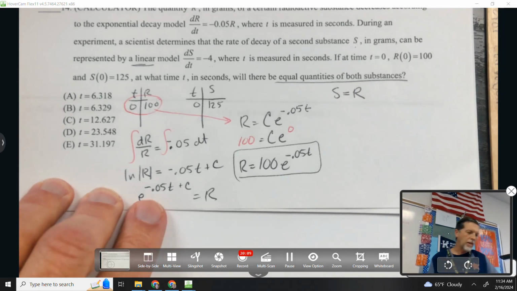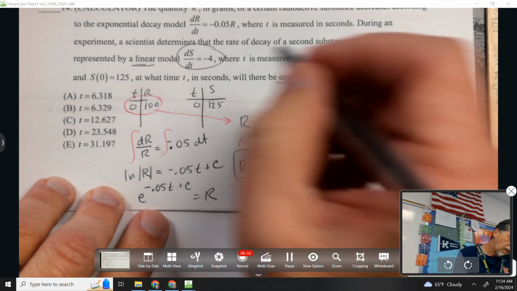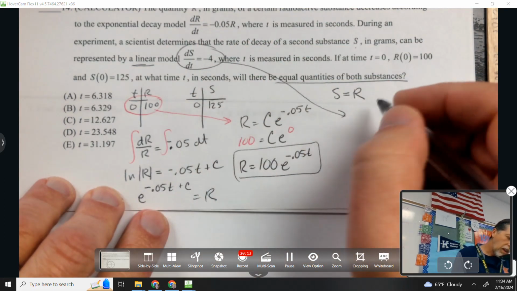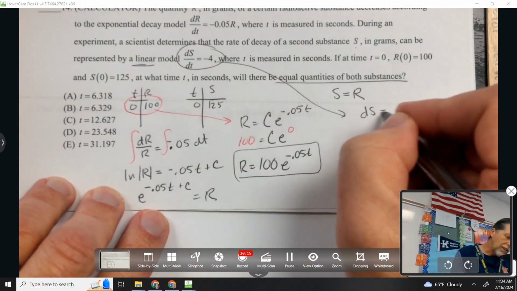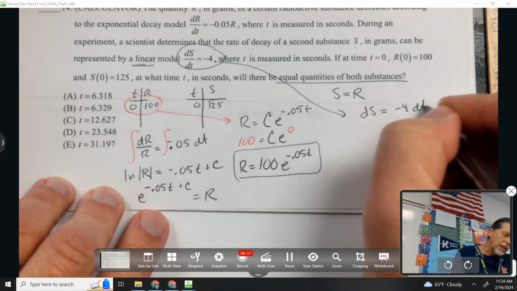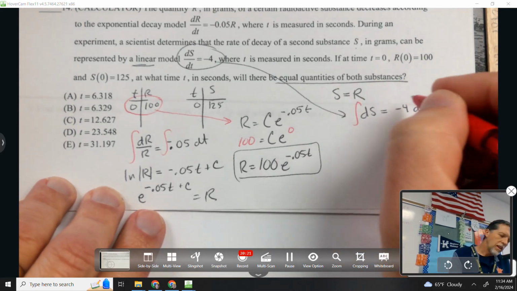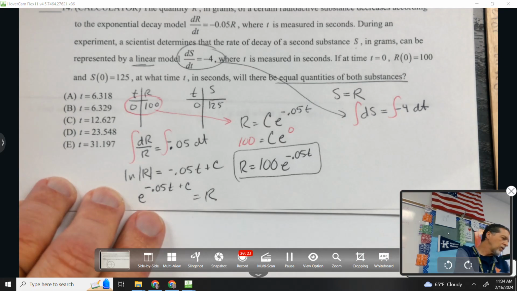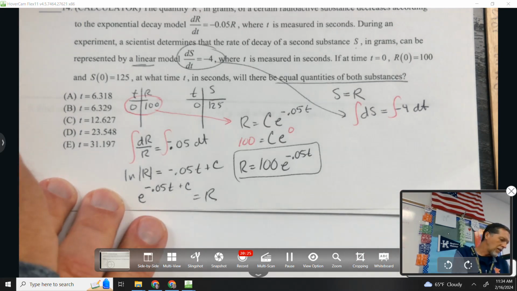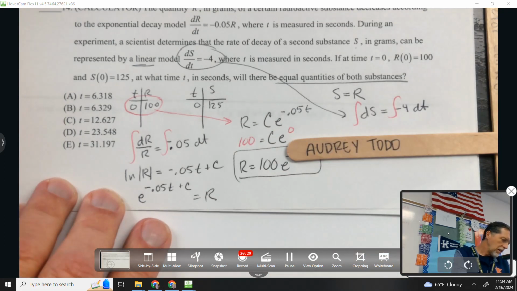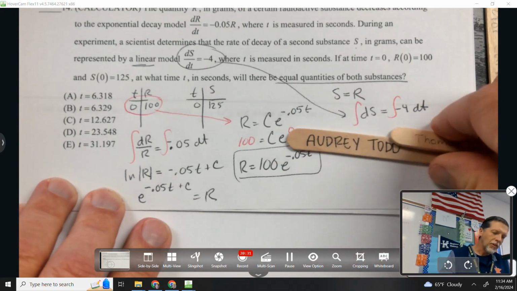Now I need to figure out the S equation. So dS equals negative 4 dt. This one's almost so easy it's complicated. So with that warning for Audrey and Thomas.